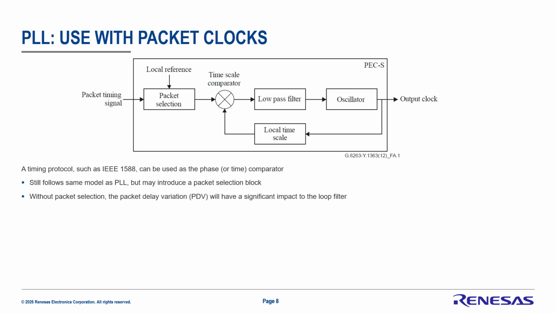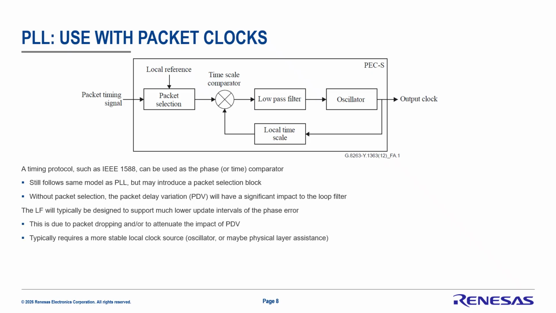The difference is, because it's a timing protocol going over a network, you may have to introduce an additional selection block to filter out outliers of packets or event packets that are coming over the network. Without some sort of packet selection, the variation of some of the delays of these event packets going through the network can have a significant impact on the performance of the loop filter.